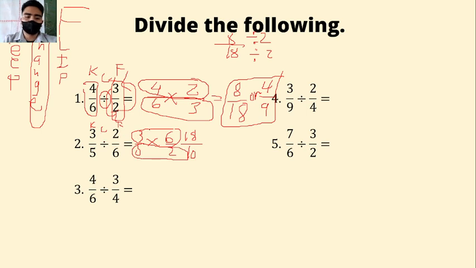So 18 over 10 can still be reduced to lowest terms. 18 divided by 2, the answer is 9. Then 10 divided by 2 is 5. So we divide both numerator and denominator by 2. Correct. So our final answer could be 18 over 10 or 9 over 5.